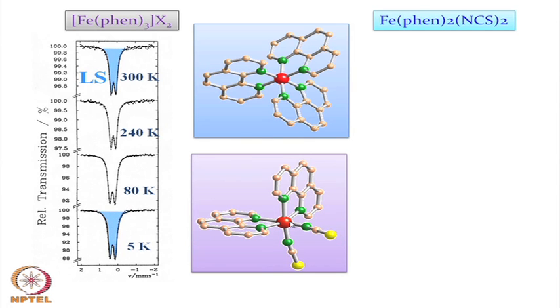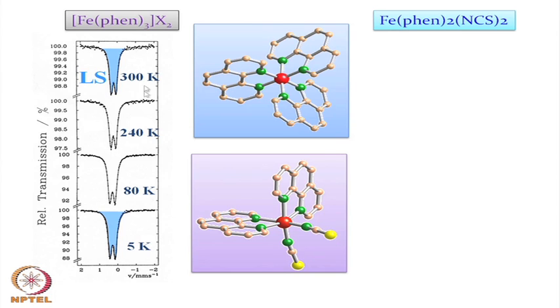So, what we will see is that in the case of the triskelate, we have the corresponding Mossbauer parameters, the Mossbauer splitting in the spectroscopy. We find that as we move from 5 Kelvin to 300 Kelvin, the relative transmission is changing, but the corresponding splitting is not changing much; it is almost the same.